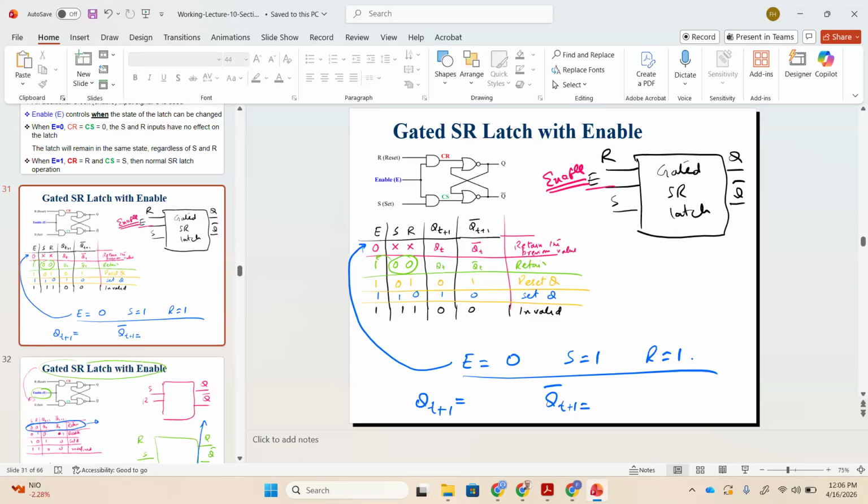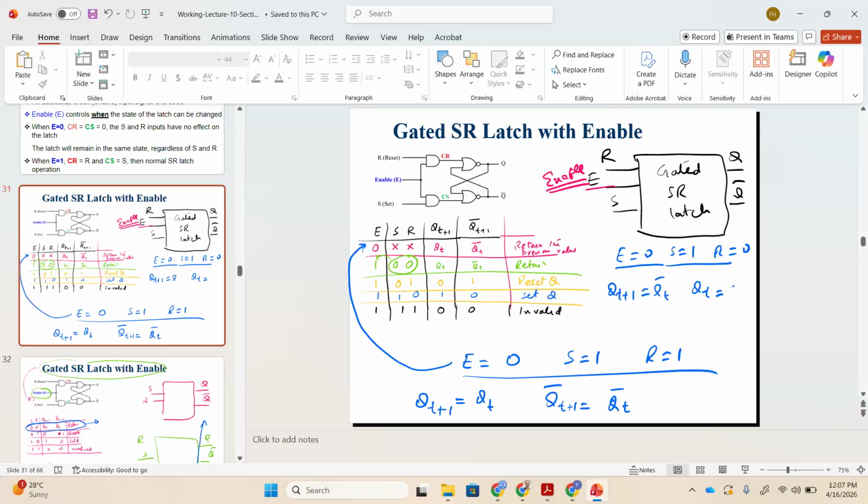Okay, so this is QT and QT. Let's assume the value of E is 0, S is equal to 1 and R is equal to 0. What will be the value of QT plus 1 and QT? Anyone may answer? QT and QT bar.